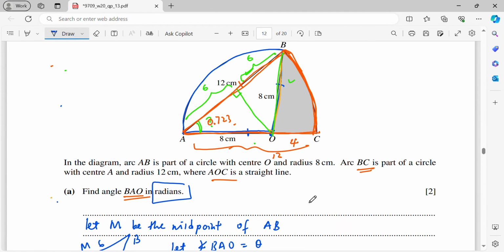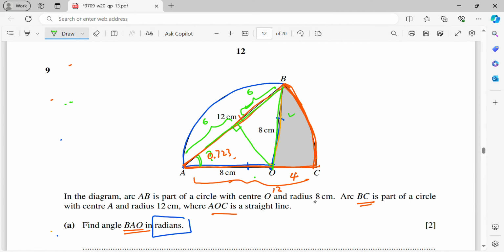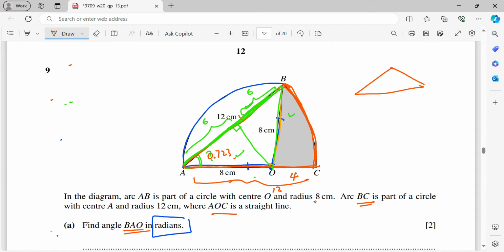Now look at here. The triangle AOB, since we have the bounded angle over here, which is 0.723, and I have two sides here, AB and OA. So we have a formula. Whenever you have a triangle and the angle bounded by two sides, let's say the sides are A and B, the lengths, and the angle is theta, the area is half AB sine theta.